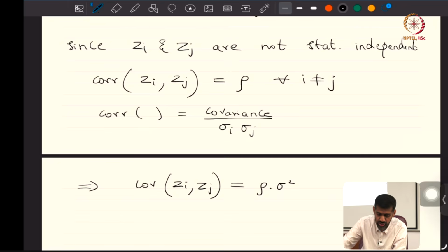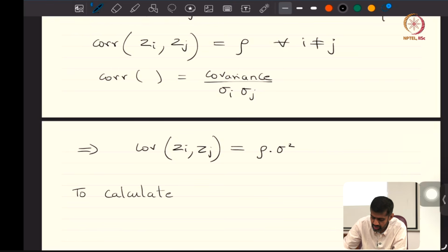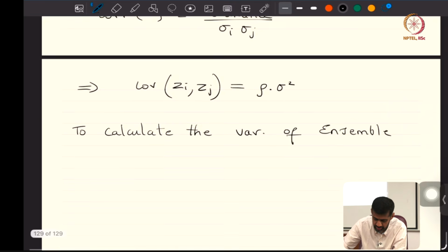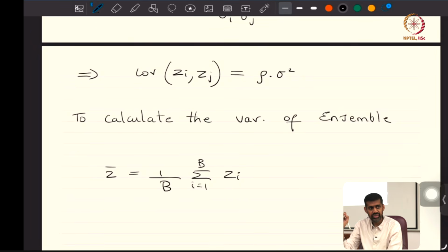Okay. Now, what we will have to do is estimate the variance of the ensemble. To calculate the variance of the ensemble, we have Z bar equal to 1 by B times the sum of the Zi. The ensemble predicts the average of all the individual classifiers.